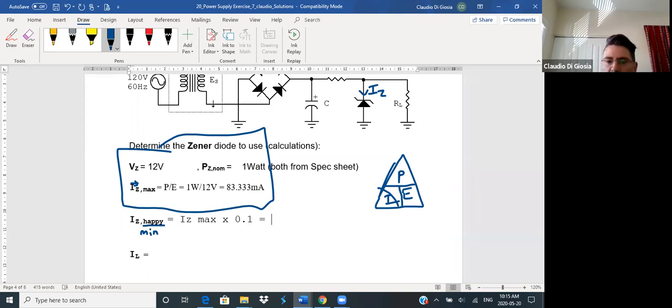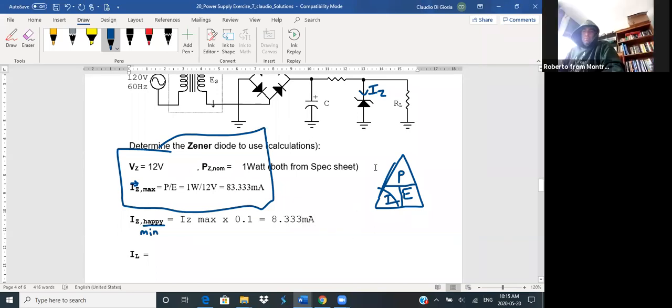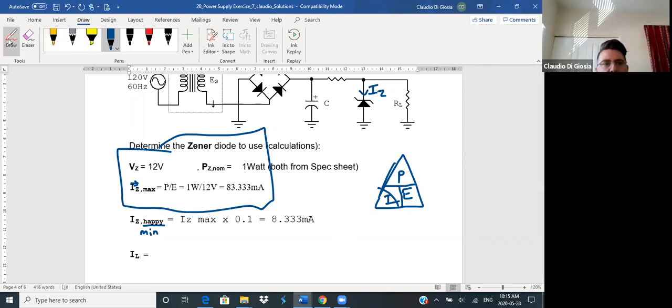So just moving the decimal point by 1 to the left, 8.333 milliamps. That's your IZ min. So it means that we have a minimum of 8.33 milliamps. If we have less than this, it's not going to work. It's not going to maintain the 12 volts.